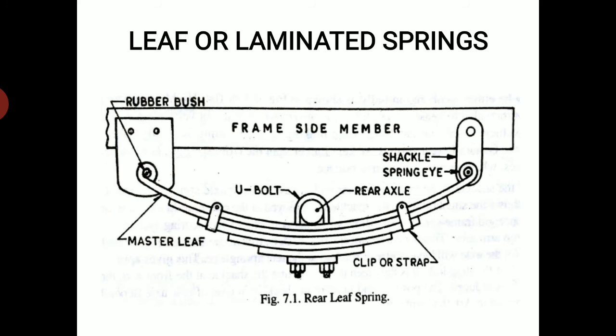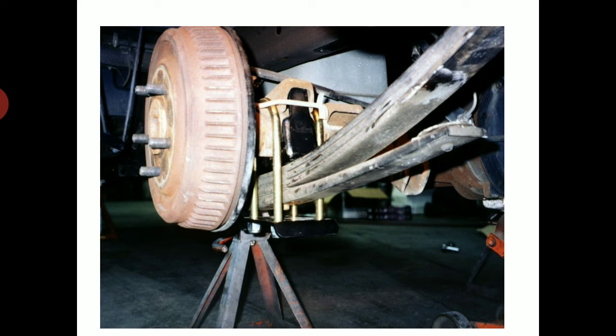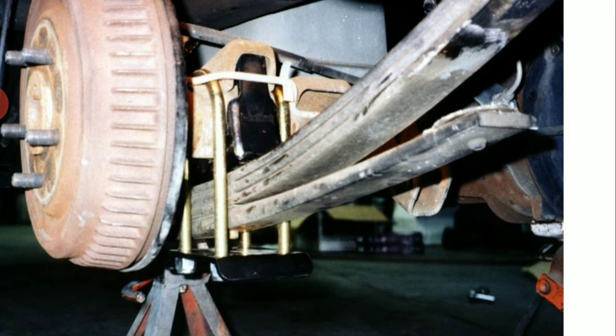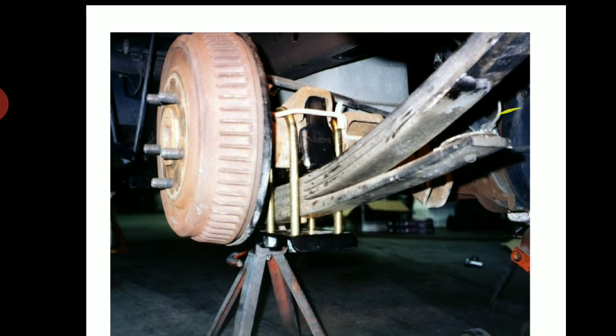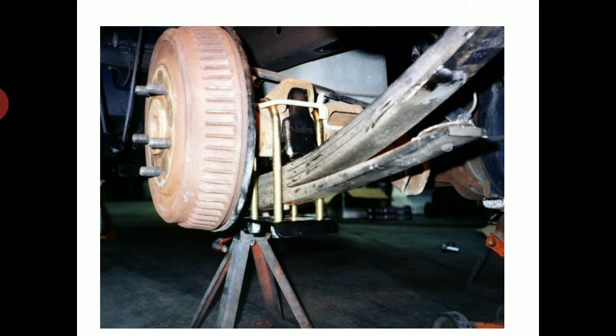They also allow the spring eye to twist back and forth as the leaf spring bends. So this is the simple explanation behind the leaf spring. You can see the diagram exactly. This is the leaf spring that is connected. Most vehicles have it connected at the rear end.